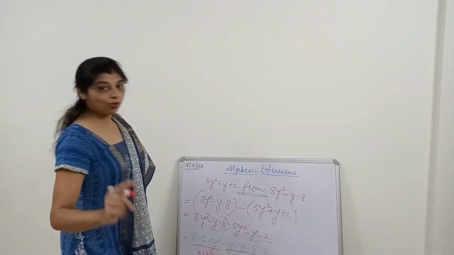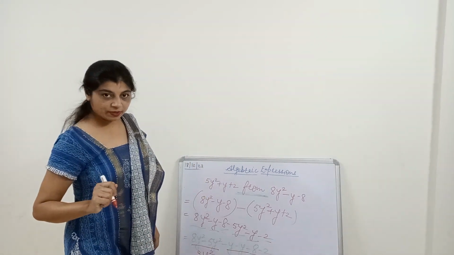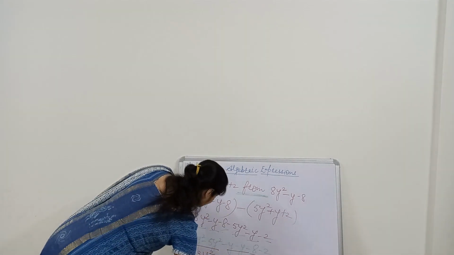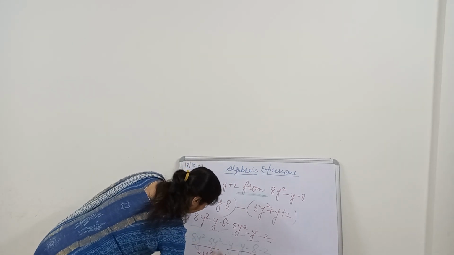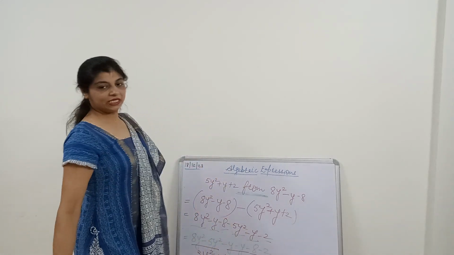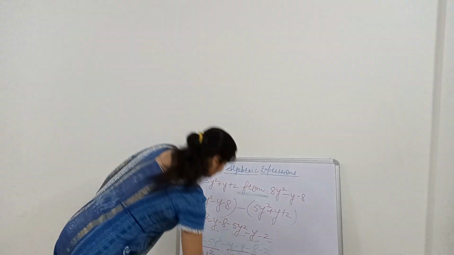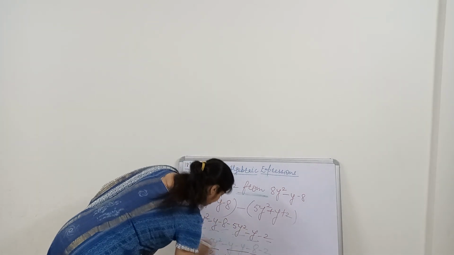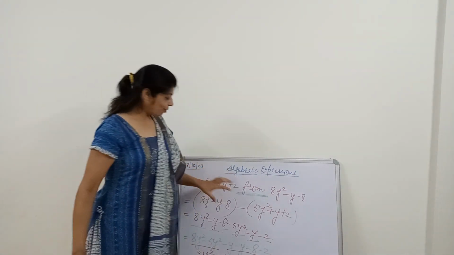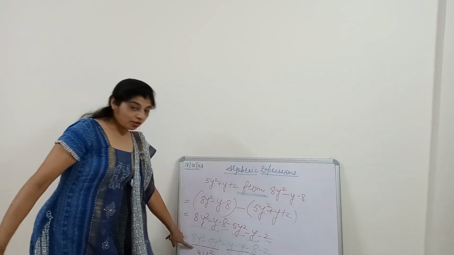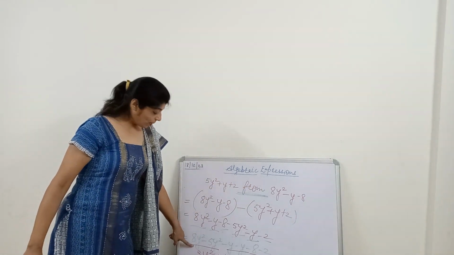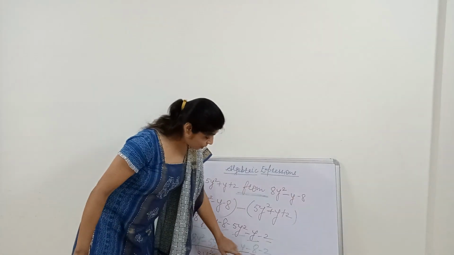Minus minus plus: no coefficient means 1, so 1 plus 1 is 2, but both are equal and both have a negative sign, so negative sign here, 2y. Minus minus plus: 8 plus 2 is 10, and the sign of the greater number. So after subtracting this expression from this, your required expression is 3y square minus 2y minus 10.